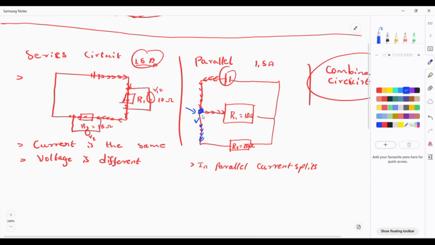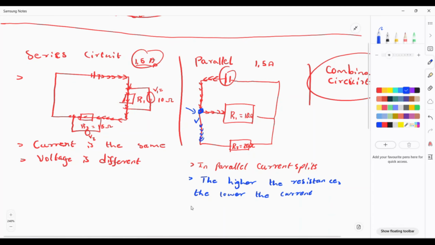Okay, so what I'm actually saying with my English there is, the higher the resistance, the lower the current.